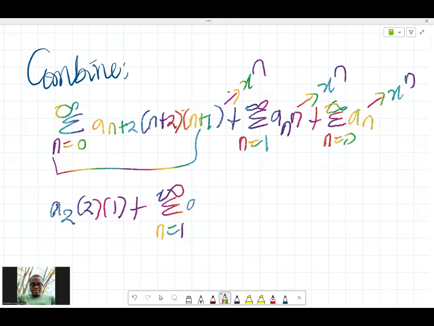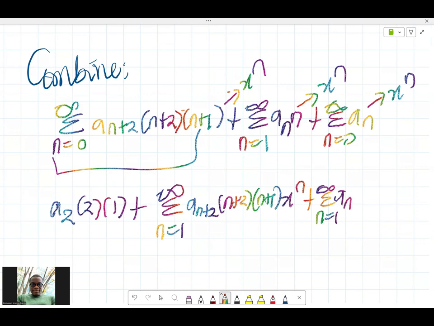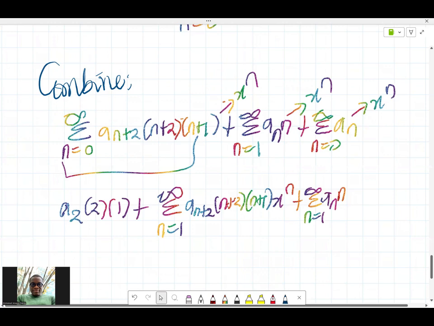because we've taken that out, we have a n plus 2, n plus 2, n plus 1, x raised to power n. Let's still keep that there. Then this one is already plus 1, so we can leave it. Summation from n equals 1 to infinity a n n. And for here too, we need to take care of the 0 part.